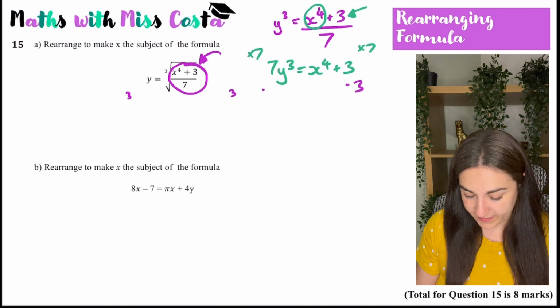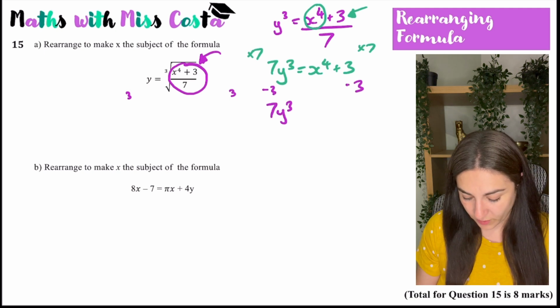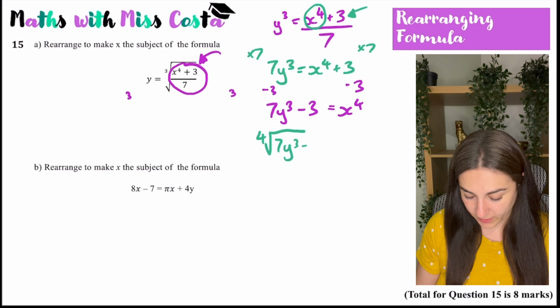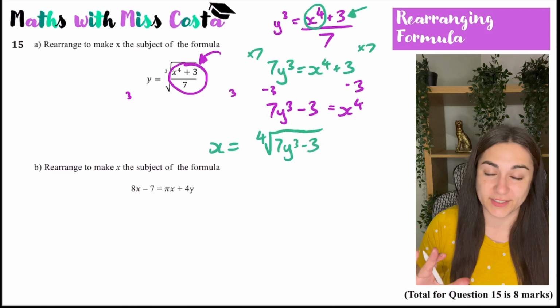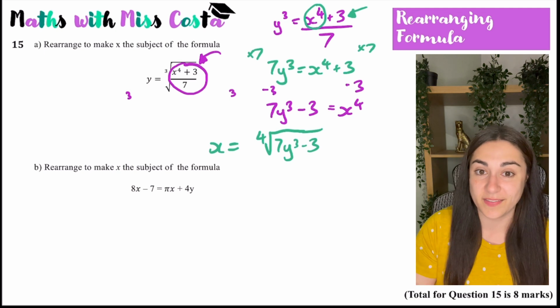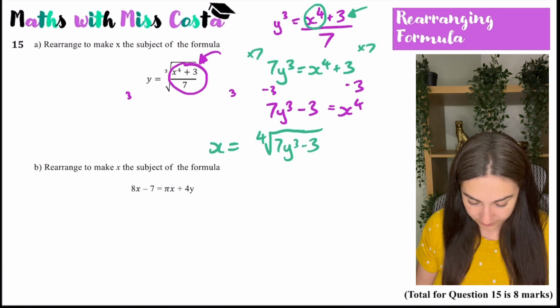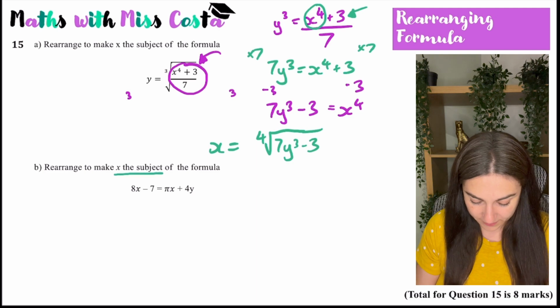Then we take 3, so that would be 7y cubed take 3 equals x to the power 4. And then the final part is you're going to want to do the fourth root. The fourth root of 7y cubed take 3 is going to give you x. So just to move anything from one side of the equation to the other, you just do the inverse.